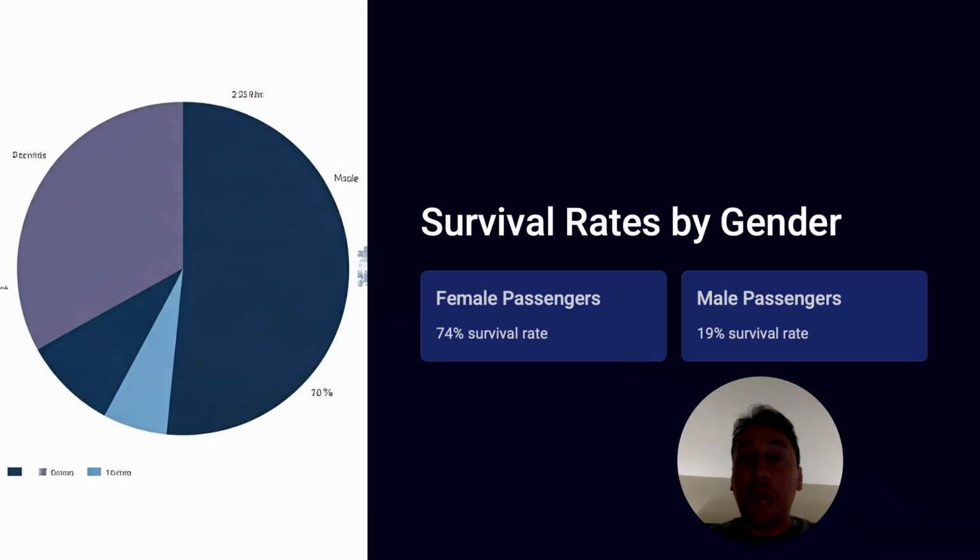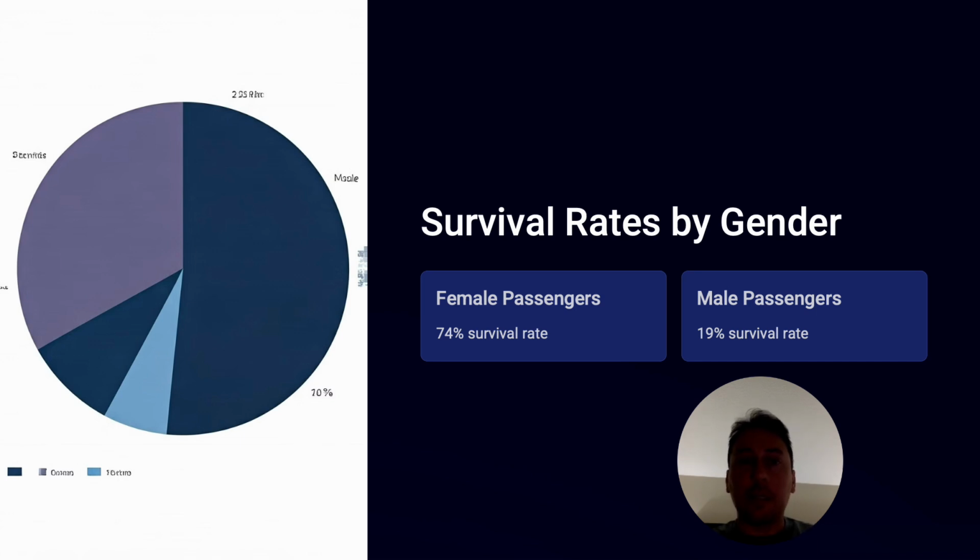Let's examine how survival rates varied among different gender categories. For female passengers, a 74% survival rate. Female passengers indeed survived the ship tragedy, while male passengers succumbed to it at a rate roughly 3 times as high.